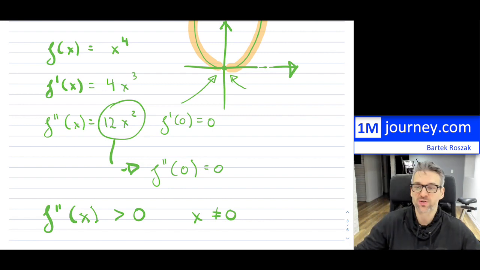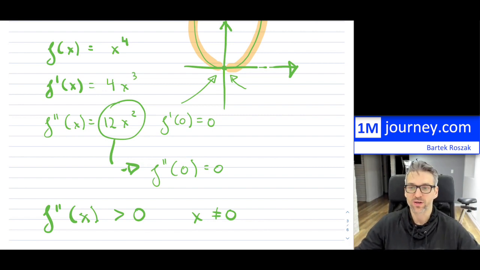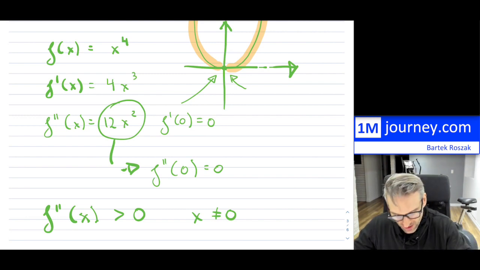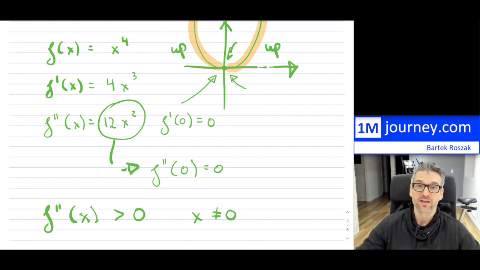No matter what you substitute in there, when it's negative you square it so it becomes positive, and you multiply by 12. So it's positive, which means it's concave up. And if you take positive values, the same thing happens. So you're going from concave up to concave up, so this is not an inflection point. In fact, this is actually your absolute minimum.